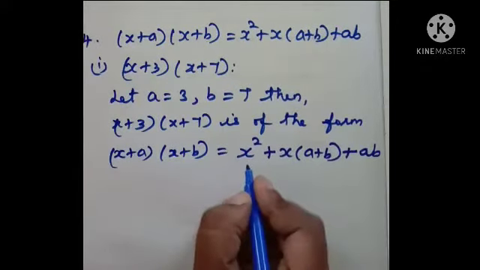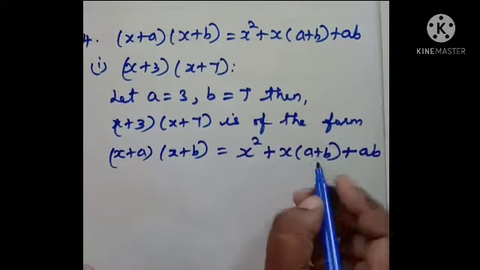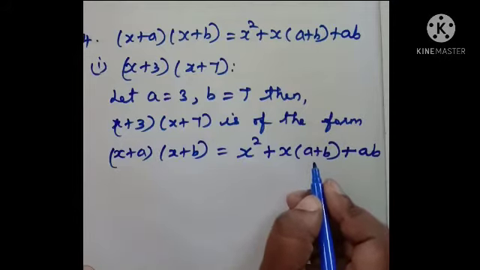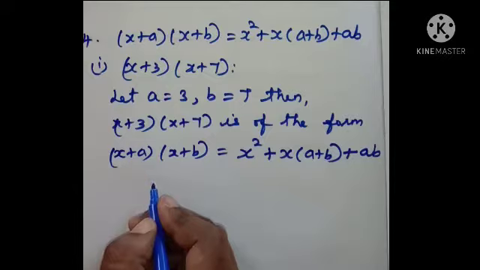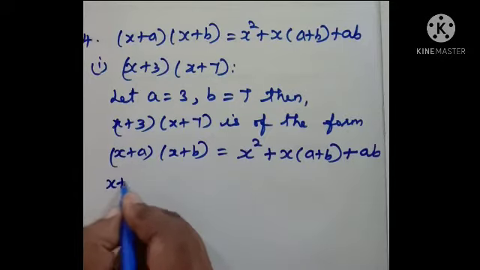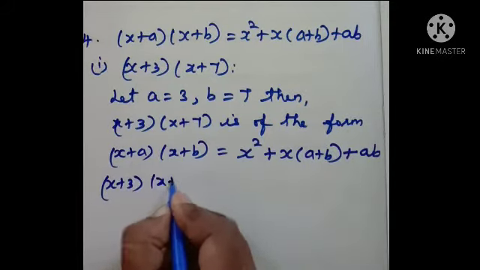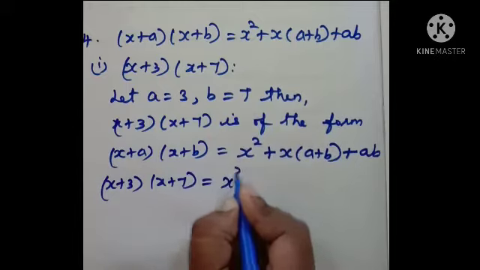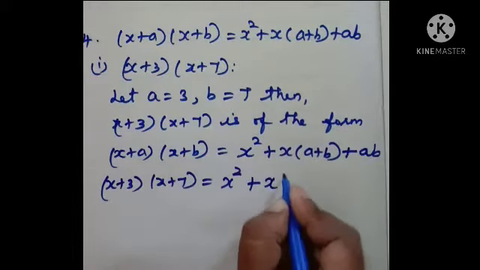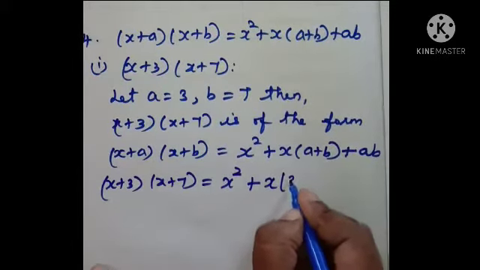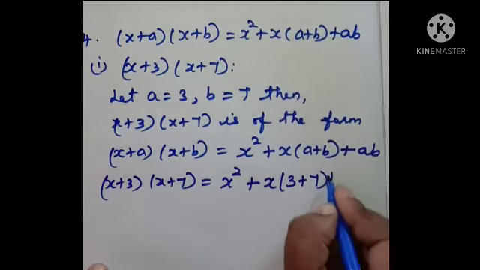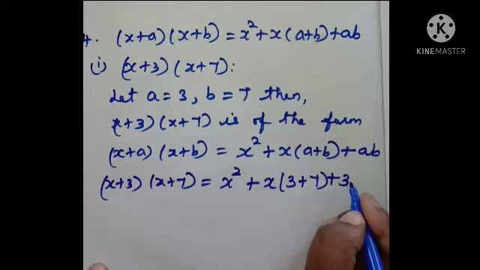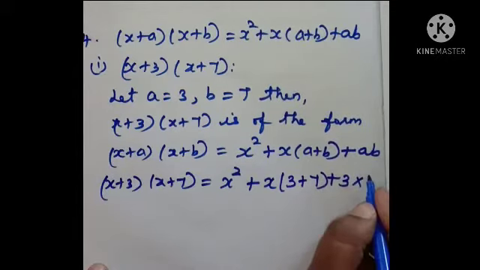Now substituting a = 3 and b = 7 in this identity, we get (x + 3)(x + 7) = x² + x(what is a? Yes, it is 3. What is b? It is 7) + a = 3 and b = 7.